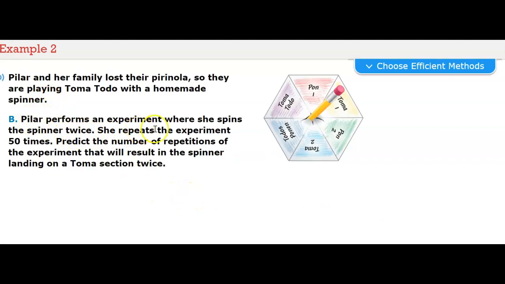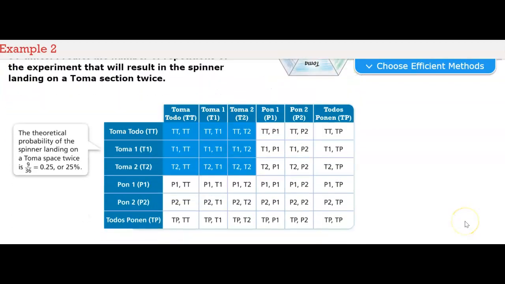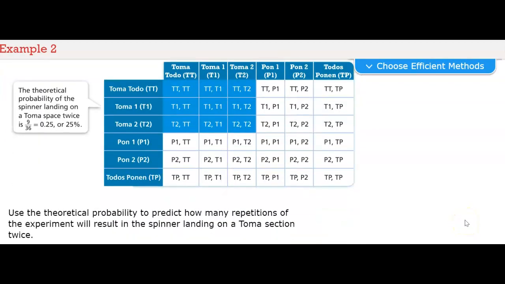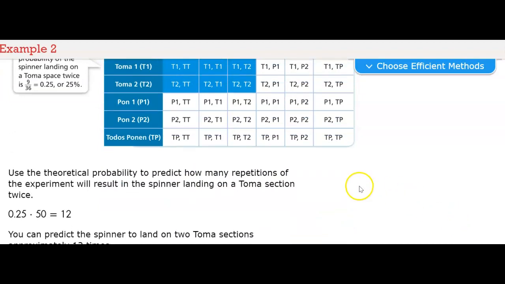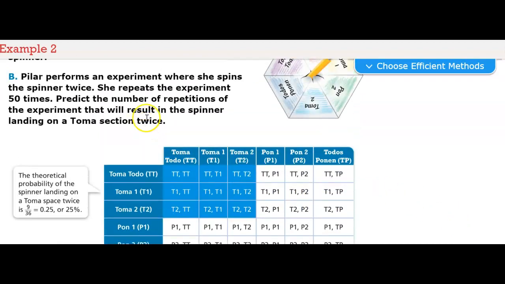Pilar performs an experiment where she spins the spinner twice. She repeats the experiment 50 times. Predict the number of repetitions of the experiment that will result in the spinner landing on a Toma section twice. Using theoretical probability to predict this, they have created a chart of all of the possible outcomes.